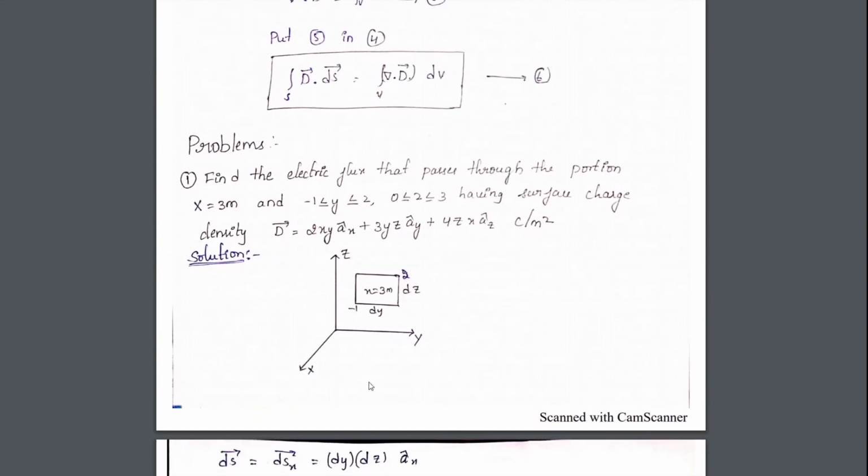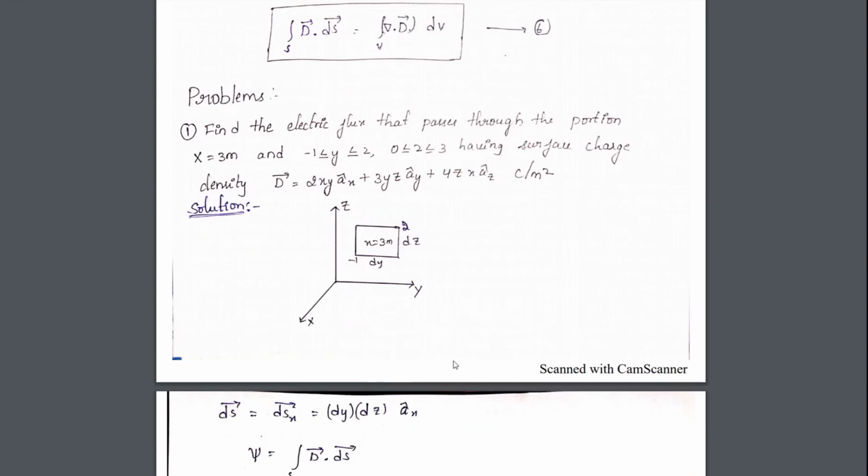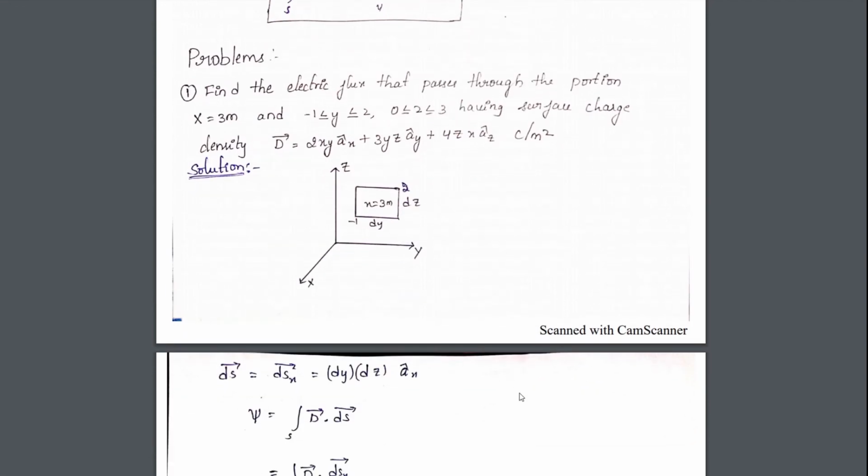So use this basic equation, whatever you have derived: psi is the integral of D dot dS, and the area according to the figure is dSx, that is dy into dz ax. Substitute, find the dot product of those two, and you should know the dot product table. Same direction dot product is always 1, different direction is 0. According to that you expand.